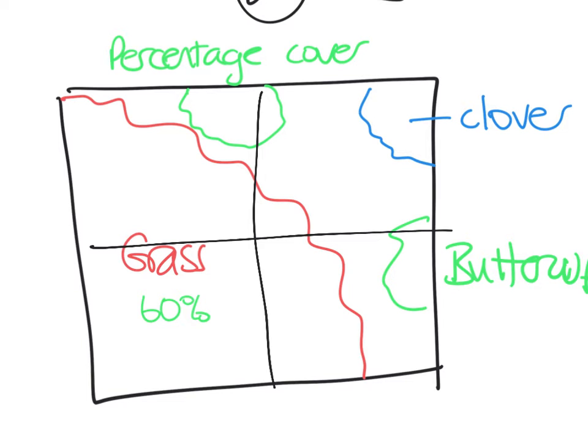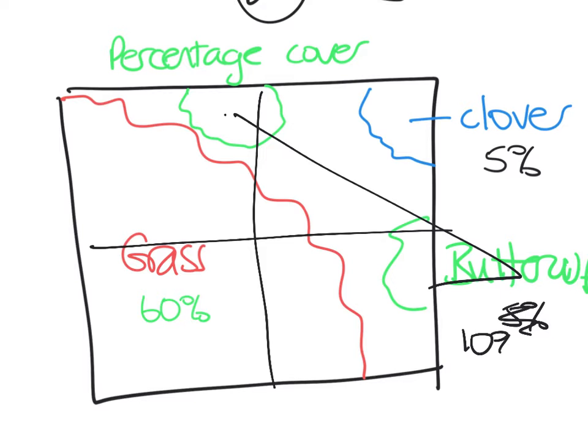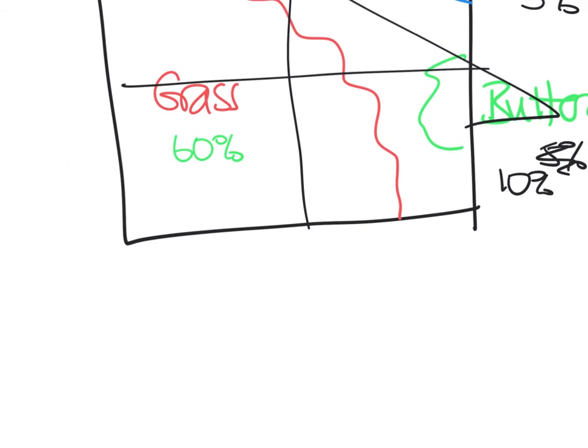So maybe between 5 and 10%, so we might just say 5%. Buttercup, 5%. Oh, there's another 5%. So altogether, because you've got 2 there, you might say 10%. You get the idea? Roughly, you saw quadrats yesterday. Roughly, there's the average hand. If you put your hand like that, the average hand is 5%. So that's a good way of estimating percentage cover in a quadrat.